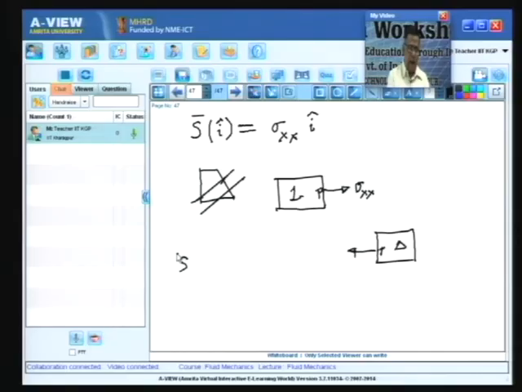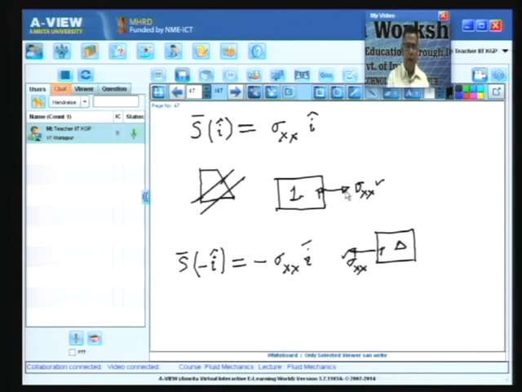So, you have S, this is the vector S at the same point, and on the minus I plane it will be minus sigma x x I. This sigma x x and this sigma x x are going to be the same, because the point is the same and these are internal forces, but they must be in opposite directions.